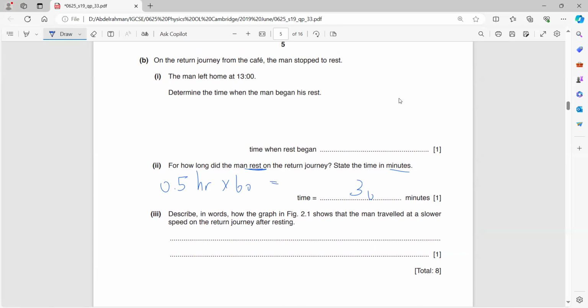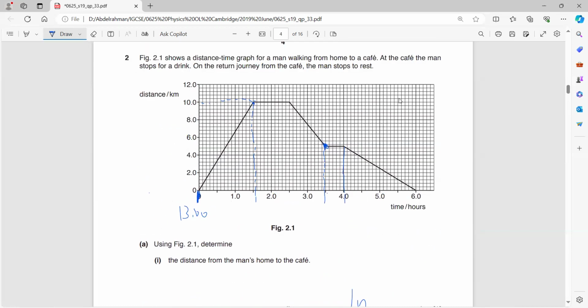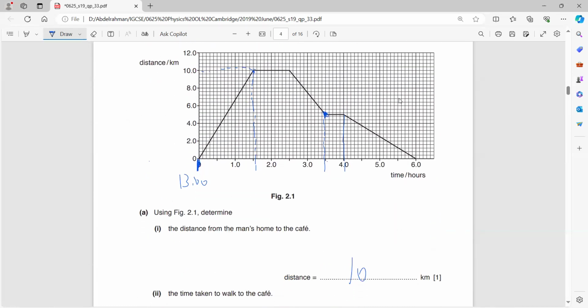Yes, correct. But the question here is asking me, when did he start his rest in hours? Initially when he left home, it was 1 o'clock. After 1 hour, it becomes 2 o'clock. After 2 hours, it becomes 3 o'clock.